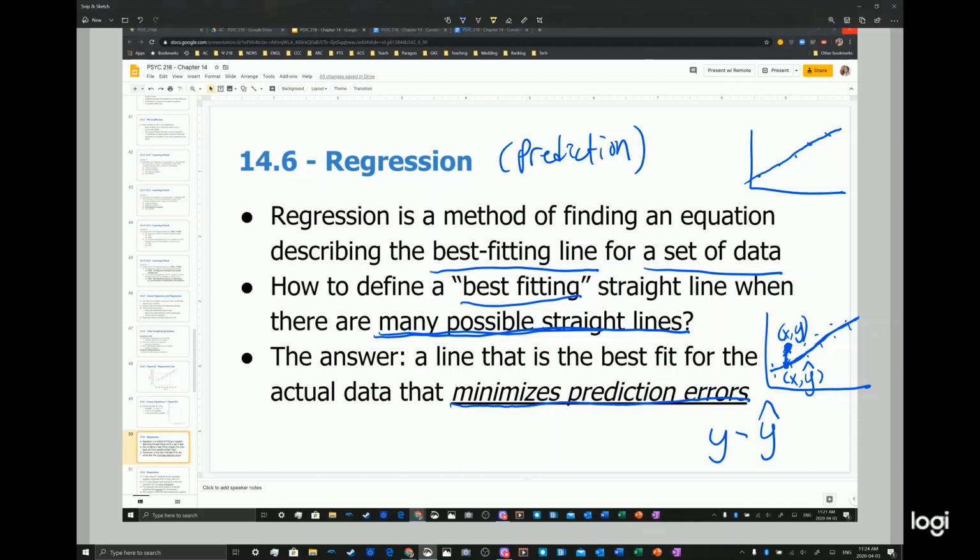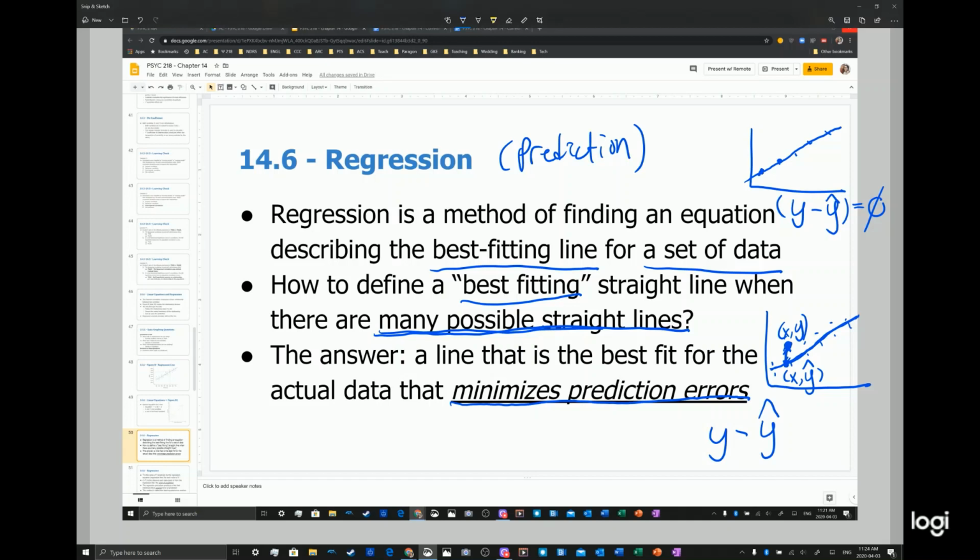And so the distance between those 2 points would be 0 for each x value. So this would be 0, let's call it A, B, C, D, and E. A is going to have this one, and it's going to be 0. B is going to be 0, and we're talking about the regression line here. This would be a perfect fit.